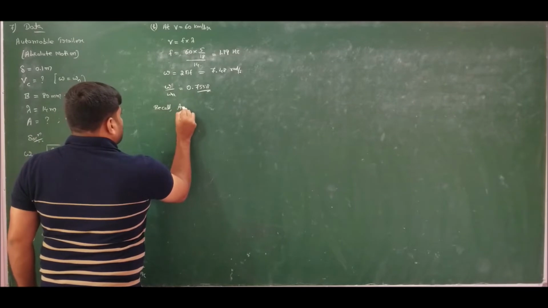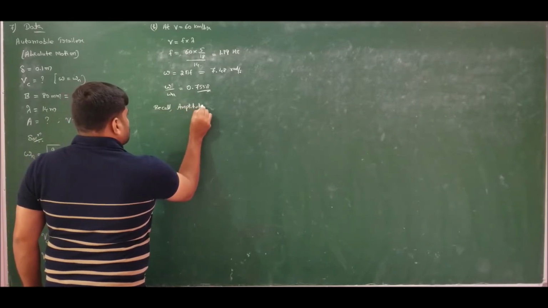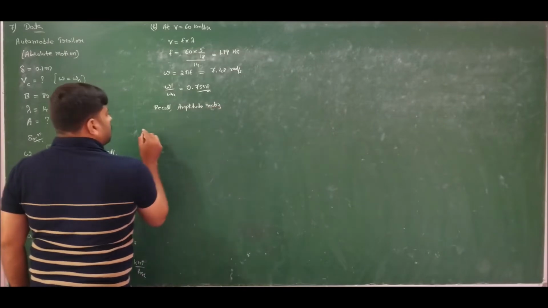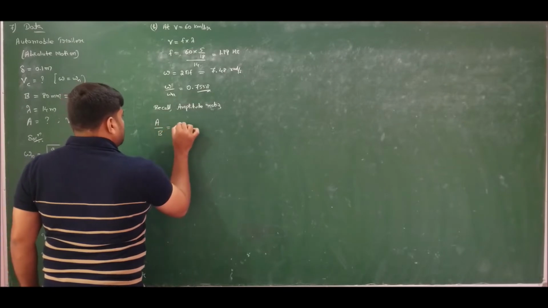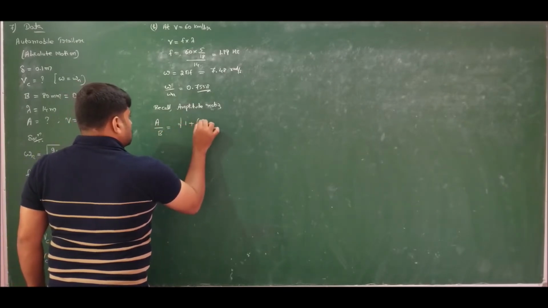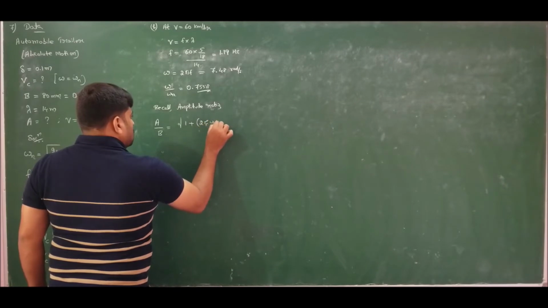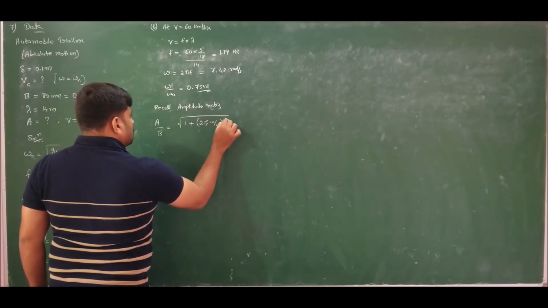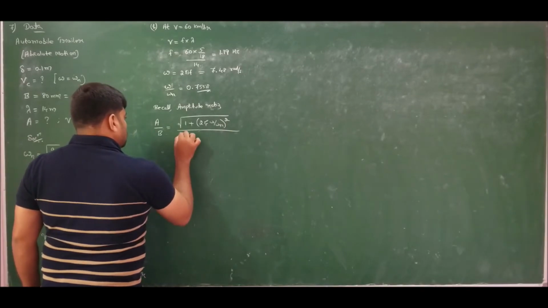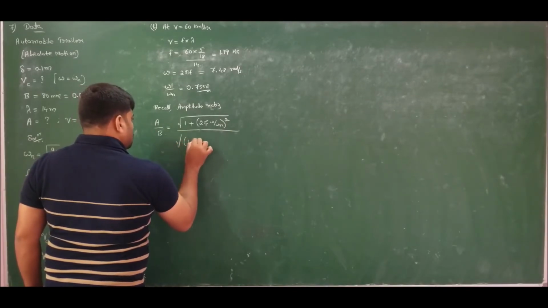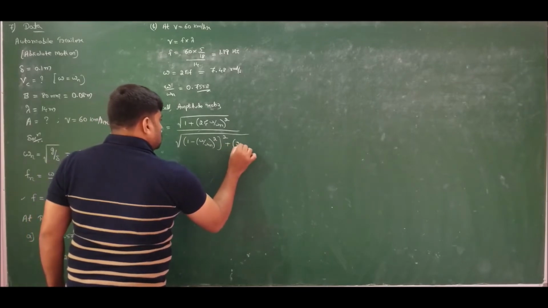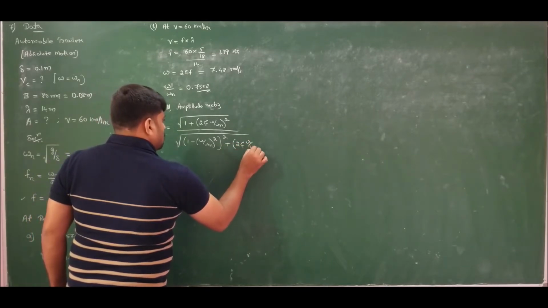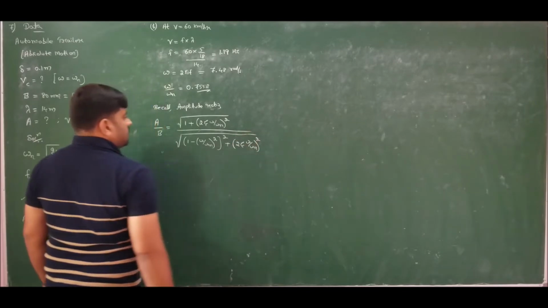We know that for absolute motion, A by B is given by root of 1 plus (2 zeta omega by omega n) whole square, divided by root of (1 minus (omega by omega n) whole square) plus (2 zeta omega by omega n) whole square.